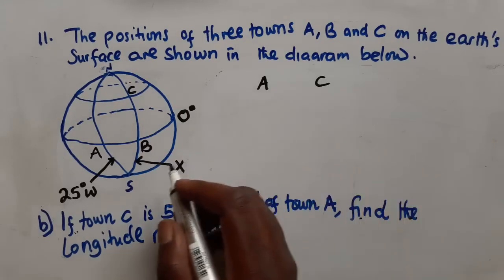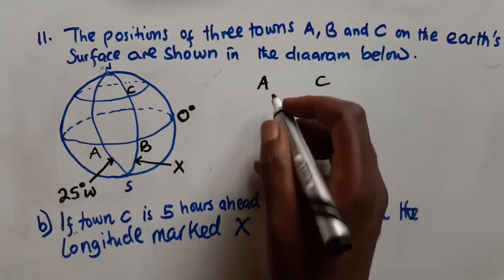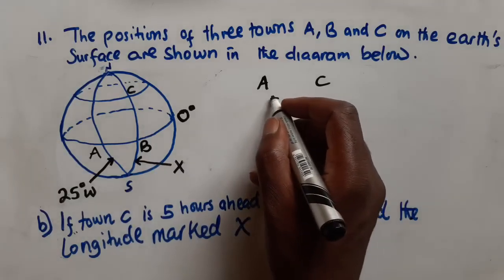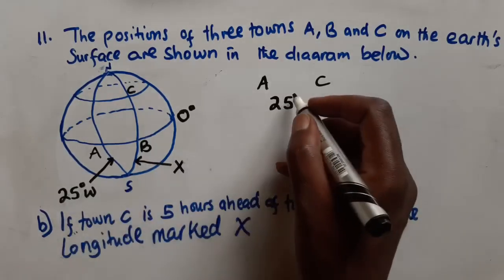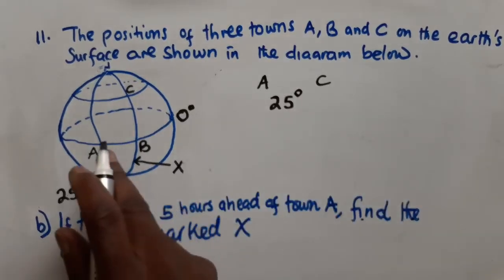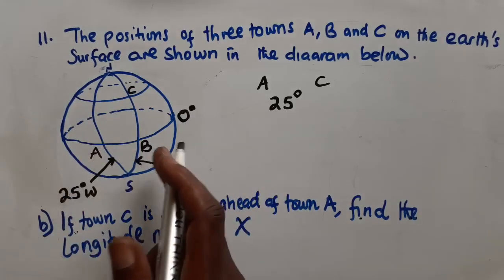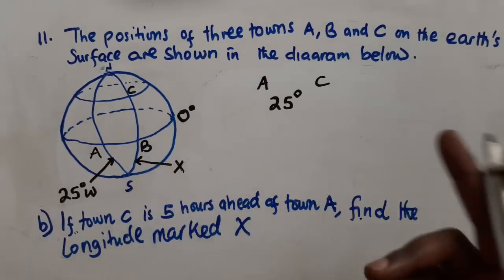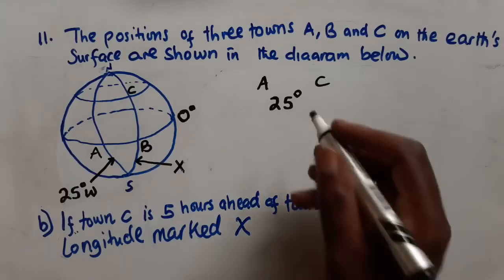So what we always do is find the difference, isn't it? Now in this case, this is obviously 25. 25 is on the west. And if these two places are 5 hours apart, definitely you know that the other side will be the east, considering the concept that after 15 degrees we have an hour.